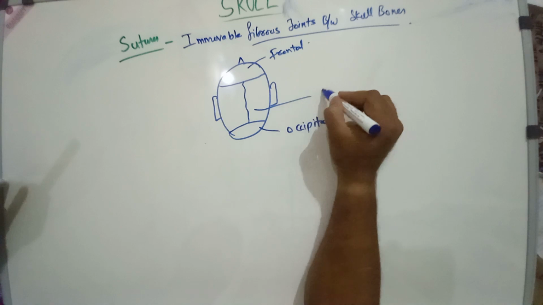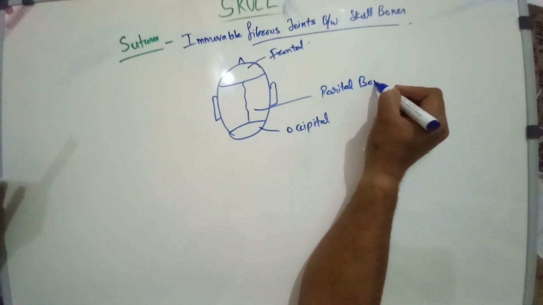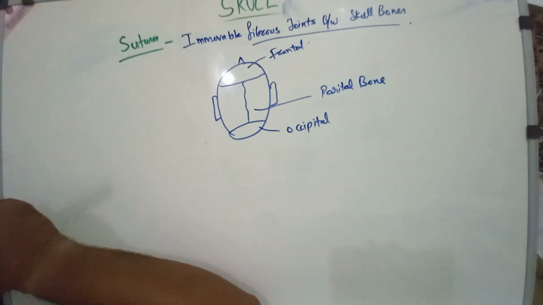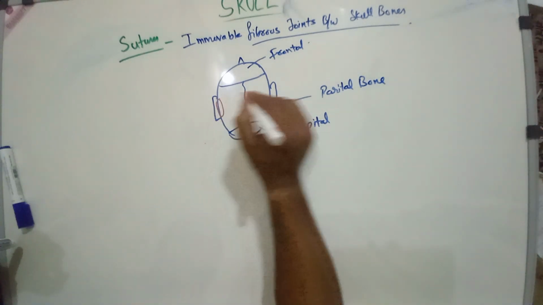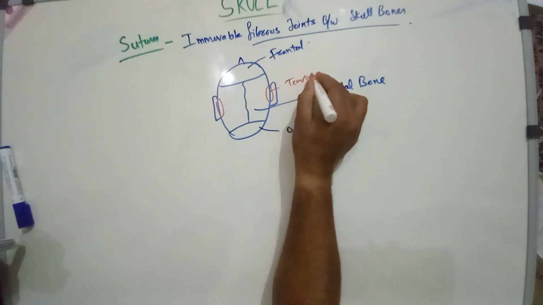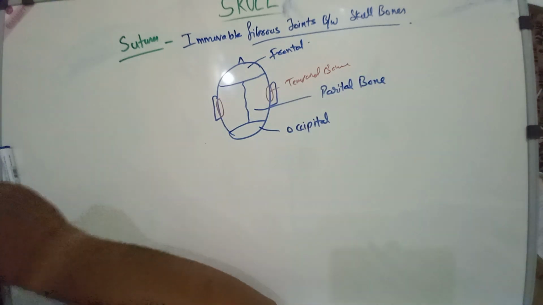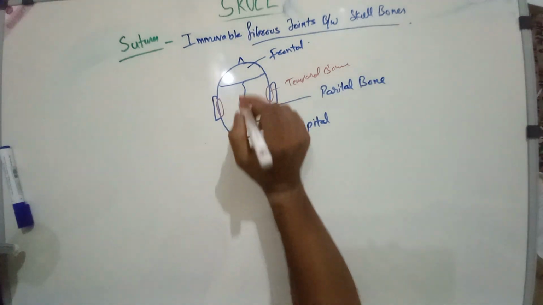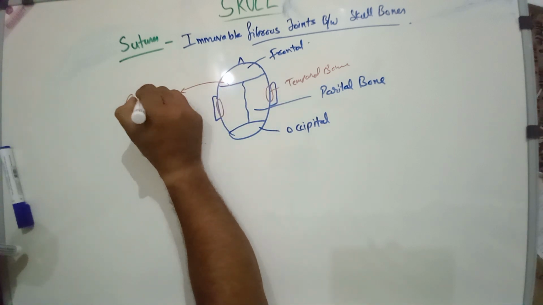And this is parietal bone. And there is temporal also, temporal bone. We will discuss about it. And this one is coronal suture.